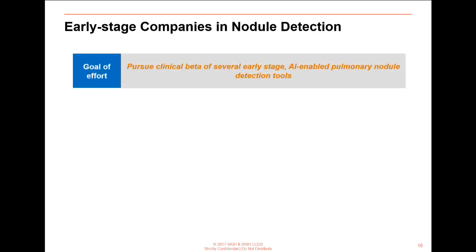Another way of attacking this problem is looking at the ecosystem around us in early stage. So the reason I'm talking about pulmonary nodules is because it actually is a fairly matured field. We've been working at this for a long time in computer-aided diagnostics. And now, in fact, there are more than 5 early-stage companies that are working in pulmonary nodule diagnostics based on deep learning.